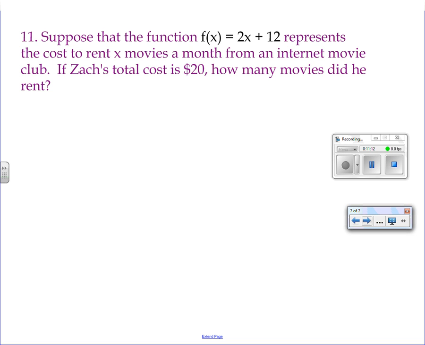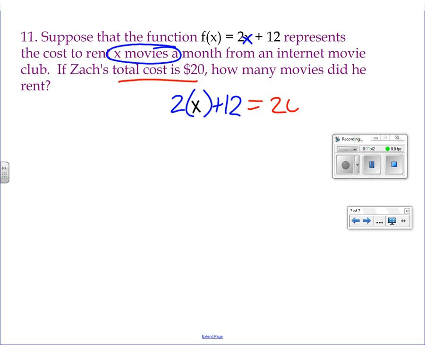Suppose that the function f of x equals 2x plus 12 represents the cost to rent x movies a month from an internet movie club. If Zach's total cost is $20, how many movies did he rent? So I have a function, and I want to see what x represents. x is movies. Well, I don't know how many movies he has, so I'm just going to have to leave it in x. I do know the total is $20.